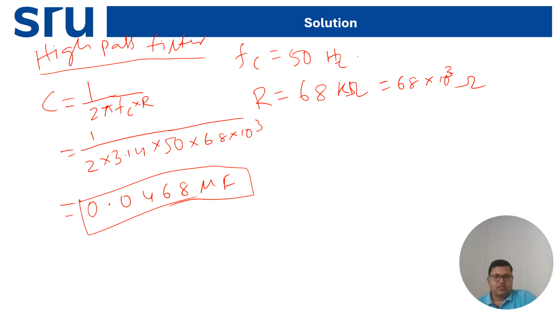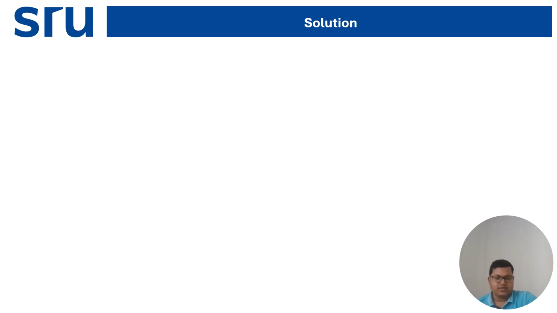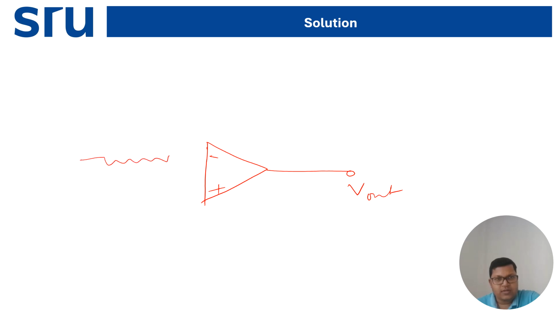So now we will design the filter. We will use the same kind of circuitry, but here one difference will be there. We'll see that this is the op amp, and similarly we'll get the output from here, and we'll have these resistors Ri along with the feedback resistor for the gain setting.